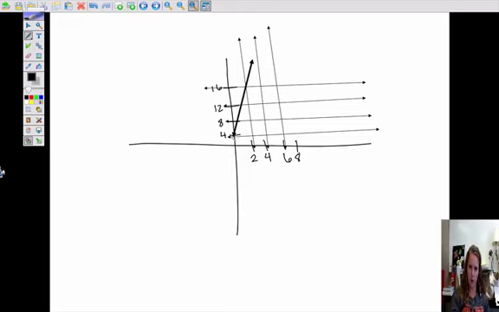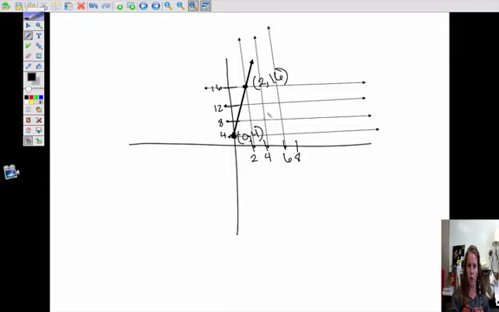Okay, so if I pick two nice points, I know I start at 4 and I have a nice point here at 2, 16. So 2, 16 and 0, 4. Now, what would be nice here is that if I counted boxes, my slope would be 3 over 1, right? Because I go up 3 and over 1.